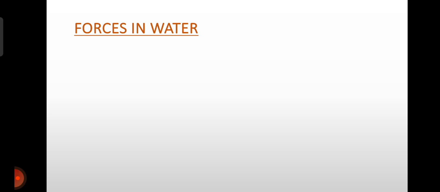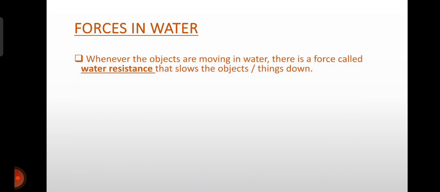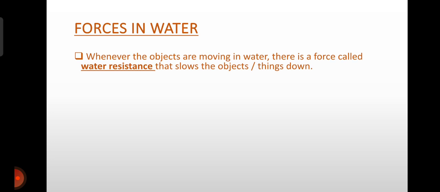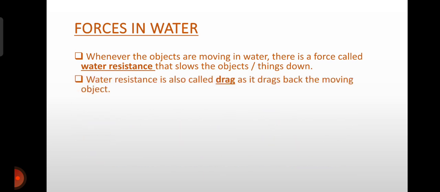Now we will study about forces in water. Whenever objects are moving in water, there is a force called water resistance that slows the objects down. Water resistance is also called drag because it drags back the moving object.